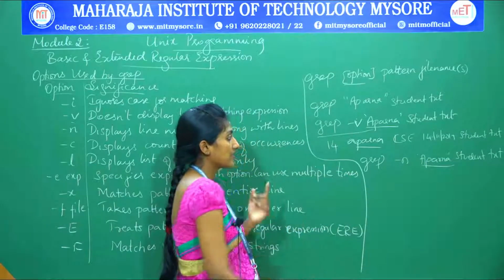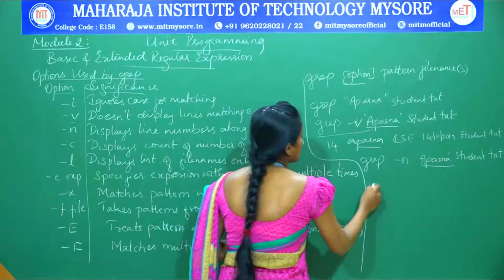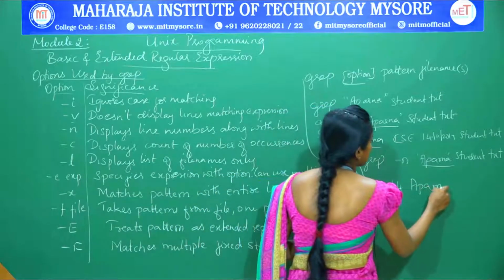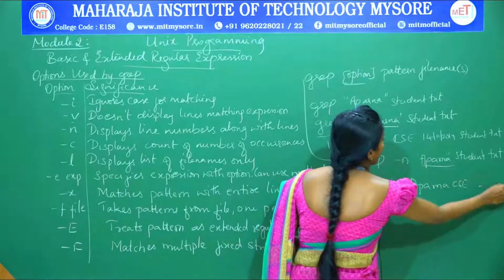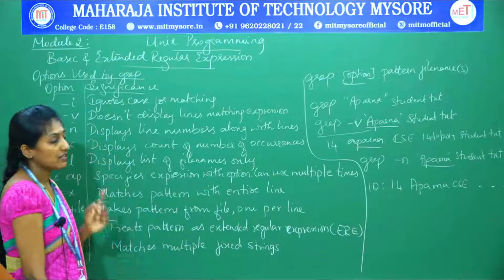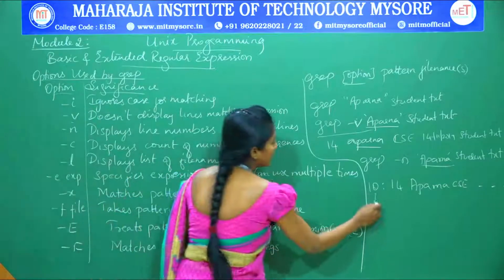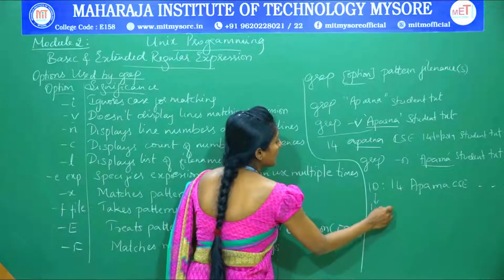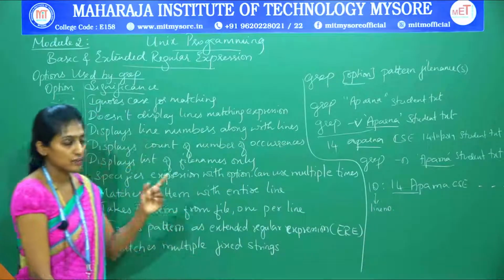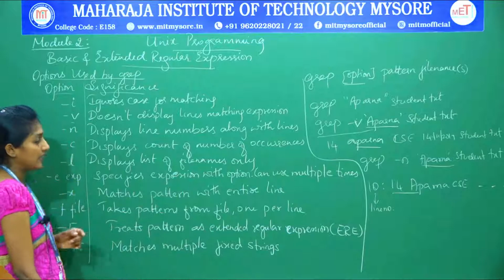So if the Aparna line is at line number 10, then line number 10 with the remaining details will be displayed like this. Okay, so this is what the -n represents. This is the line number which has been displayed, followed by the details, showing the line number at which the Aparna pattern is present.